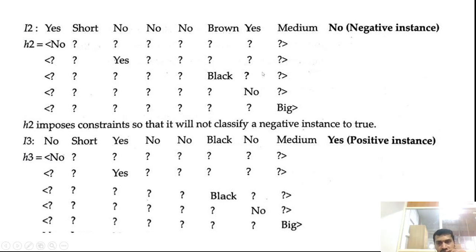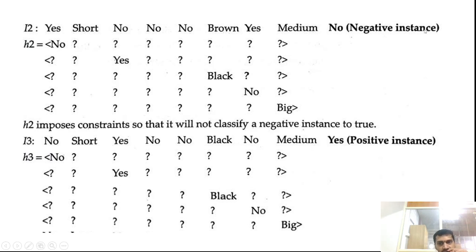So in this way, I have to define different hypotheses opposite to the negative instance. Negative to negative instance means opposite to the negative instance. One hypothesis is in this way, or in this way, or in this way. So these are the possible hypotheses when I consider the negative instance of iteration 2.